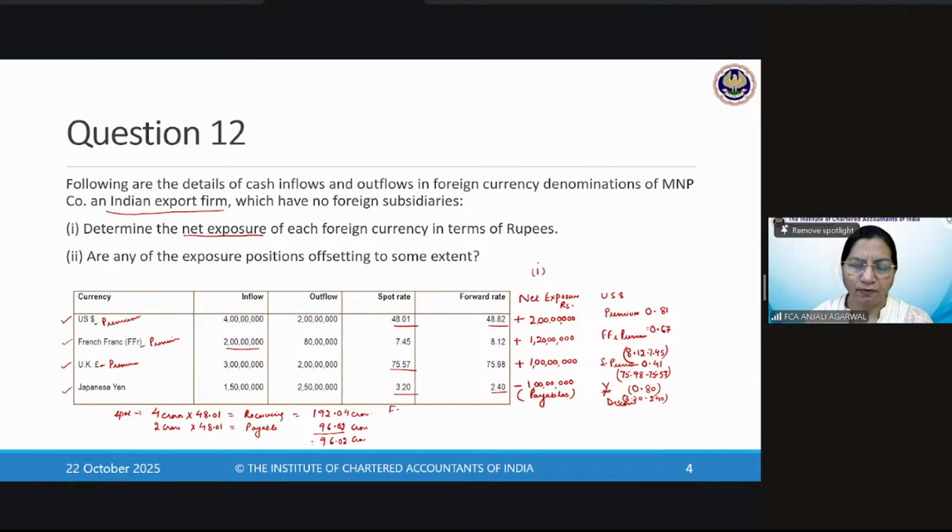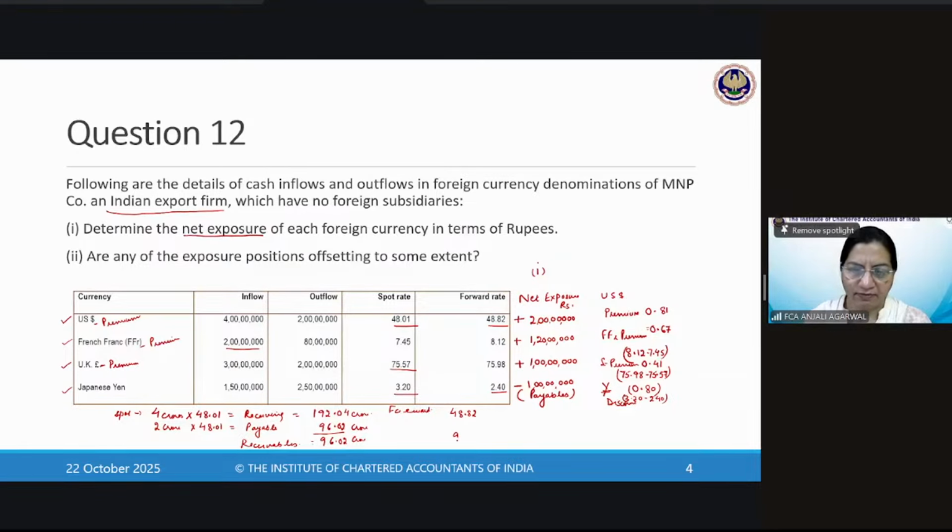Right. Yes, got it. Forward rate. Forward rate, the same transaction will not happen at 48.01, but will now happen at 48.82. So this was your net receivables earlier, but now at 48.82, your net receivables would be 2 crores into 48.82.